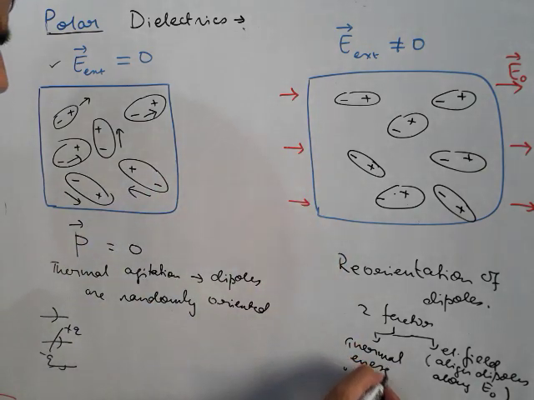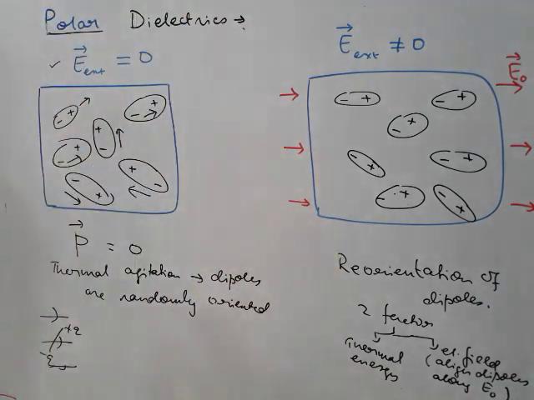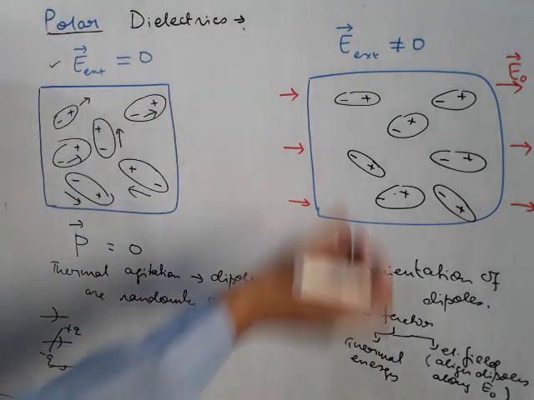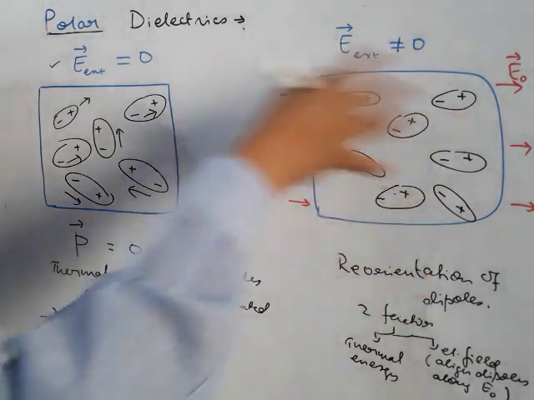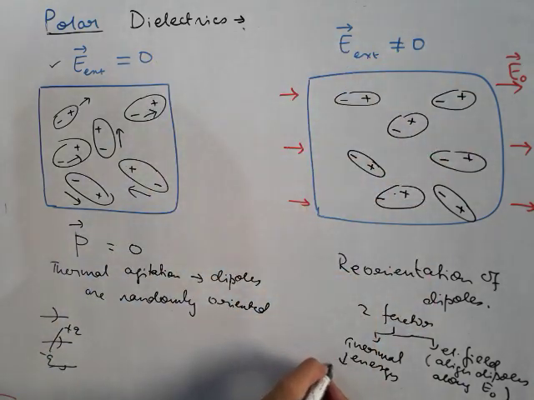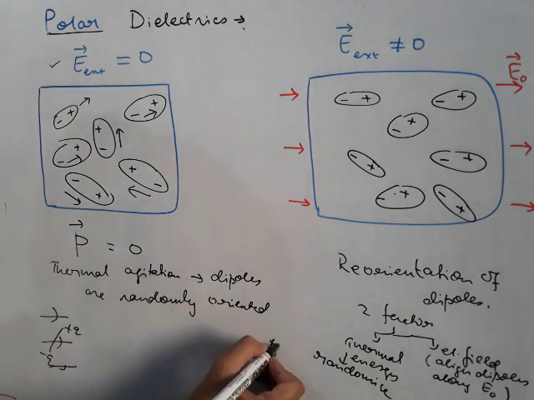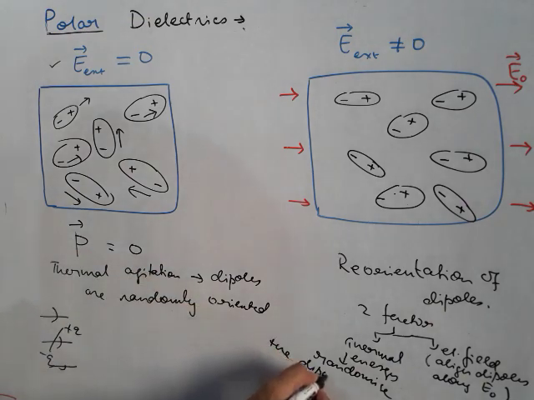The thermal energy of these dipoles tends to disorient themselves. If you supply more amount of heat energy, there will be more vibration, there will be more randomization. So thermal energy tends to randomize the dipoles.